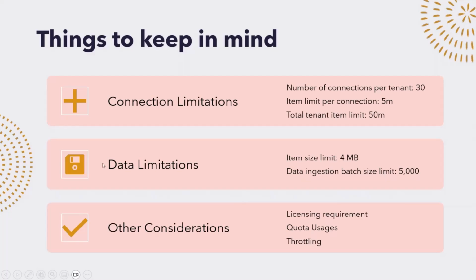There is a data limitation as well, how big one item can be, and then the batching size, and also considerations like licensing, quota, and throttling, etc. So there are always things to keep in mind when you are building custom connectors.